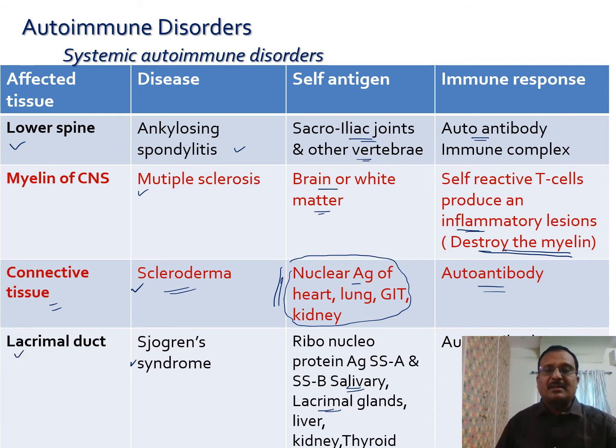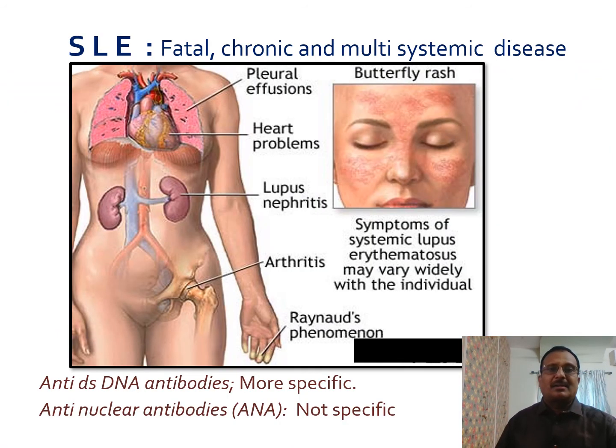Of course, these ribonucleoproteins are also present in the liver, kidney and the thyroid. So related disease may also be present in that particular individual. Then SLE, which I already mentioned in the disease process or mechanism.